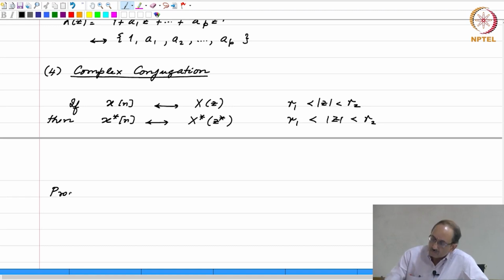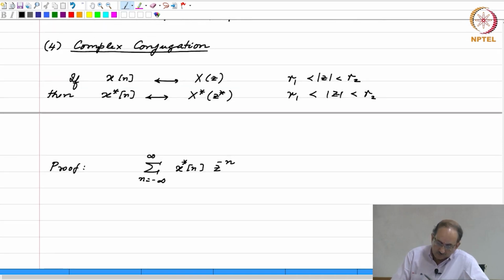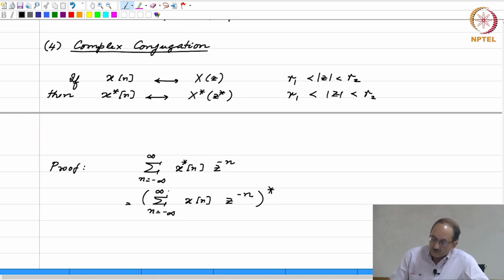And the proof is really simple. Trying to find the Z transform of x star of n, you can take the complex conjugate outside to get rid of this, because you want to relate this to the transform of x of n.